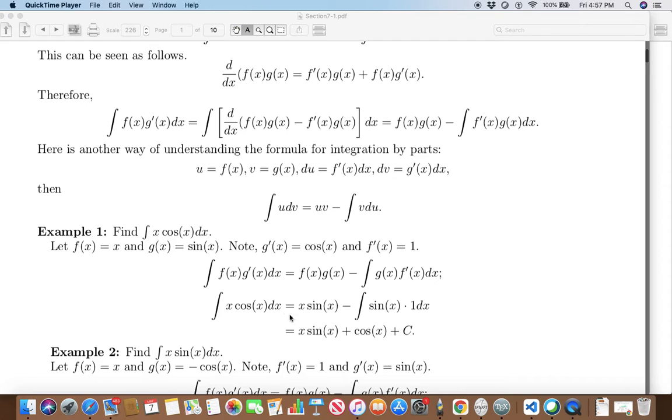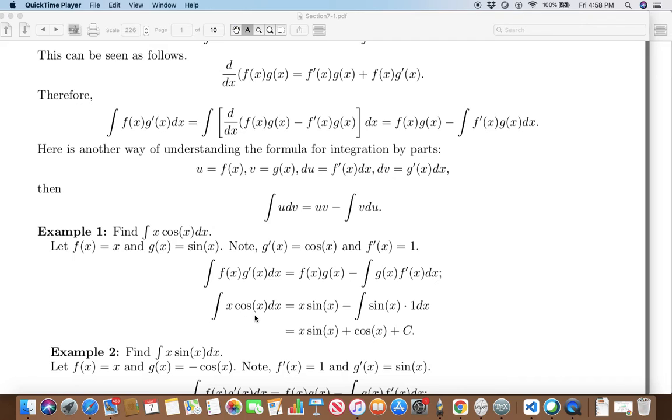So it is f times g, x times sine x, minus the integral of g, which is sine x, times f prime, which is nothing but 1, dx. One has to choose f and g correctly in such a way that g is the integral of the second factor, basically.